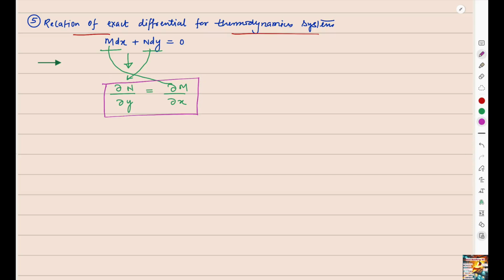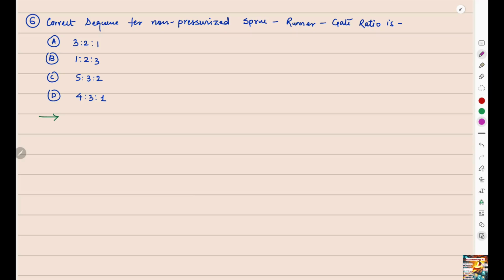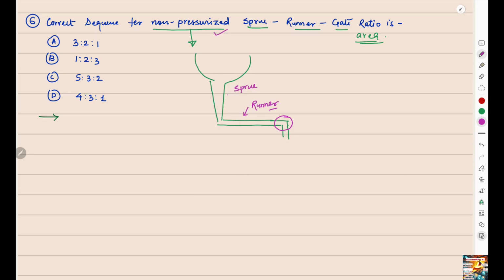Now moving to the next question. According to this question, the correct sequence for a non-pressurized sprue, runner, gate ratio in terms of area is missing here. For a non-pressurized system, suppose this is the sprue, this is the runner, and this is the gate. For a non-pressurized system, there is no development of pressure.